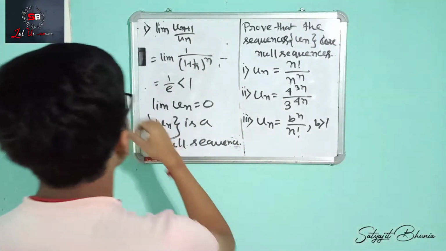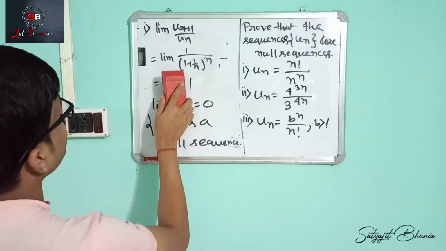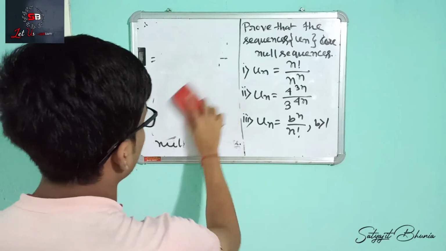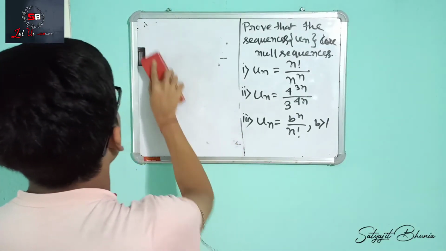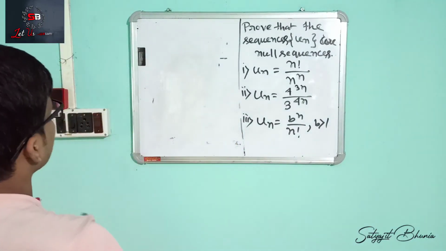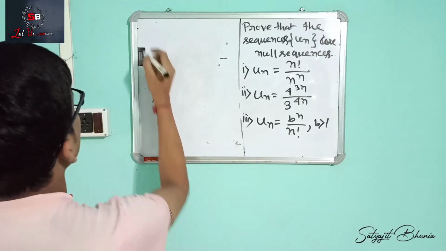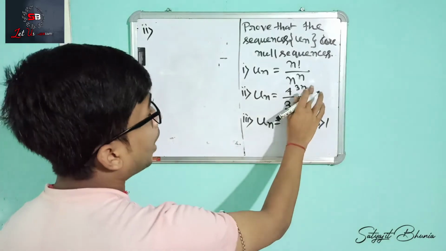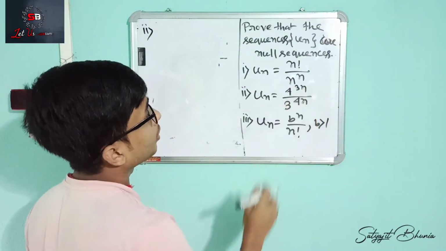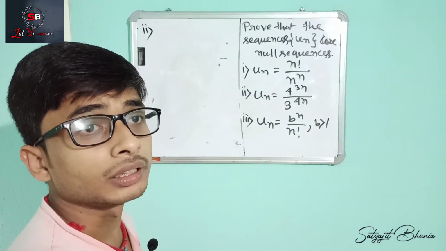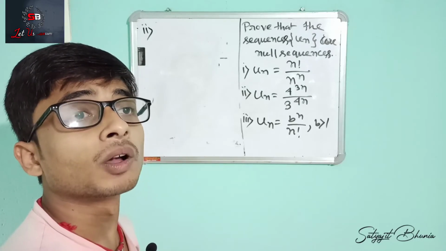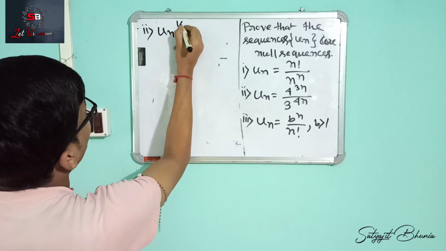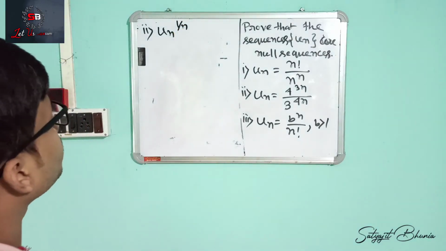Second one: since there is a power, we have to take un to the power 1 by n. So for the second one, we find un to the power 1 by n.